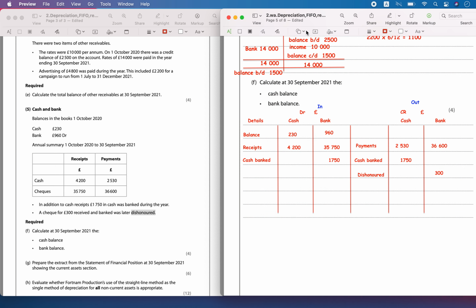Now let's balance it out. Let's add up the total here. 4,200 plus 230 is 4,430.